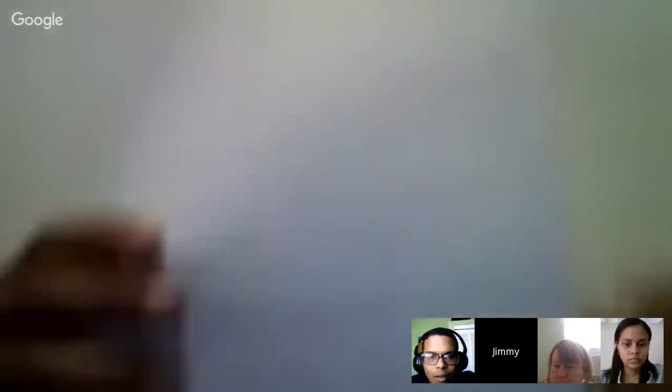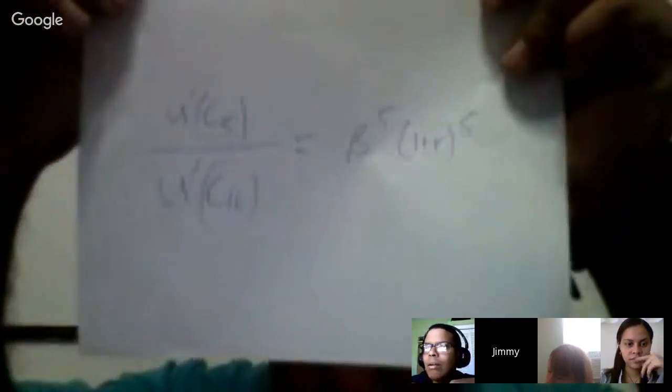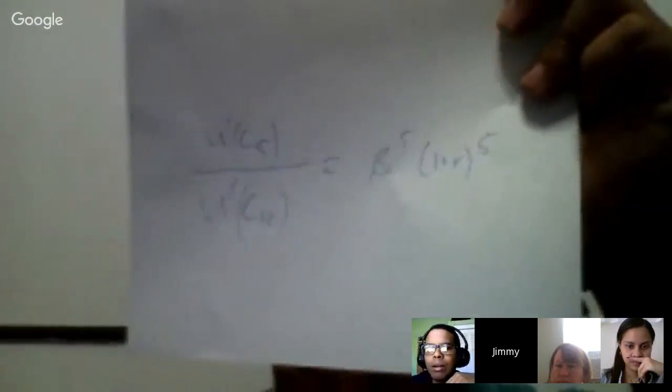But when I asked to explain how the interest rate affects intertemporal consumption, almost nobody used what they got in part C. Basically, you use part C and say, look, if interest rates go up, this number gets bigger.